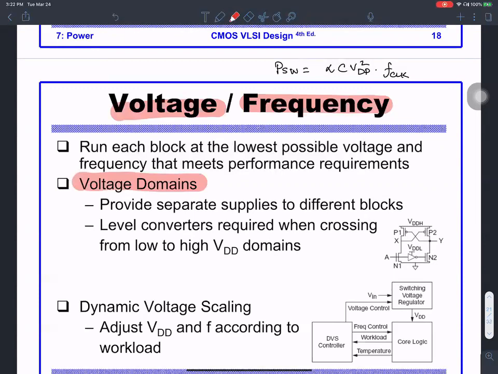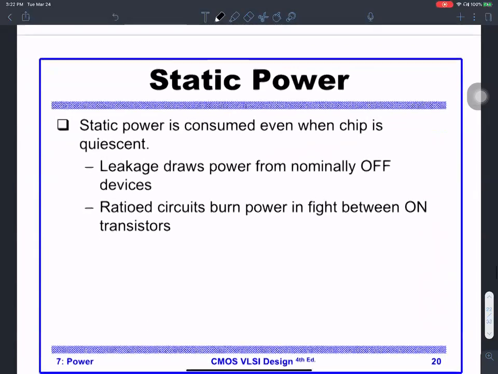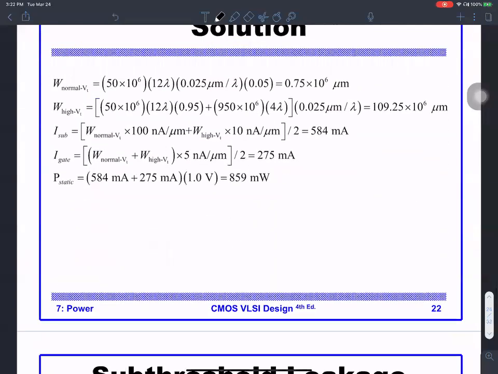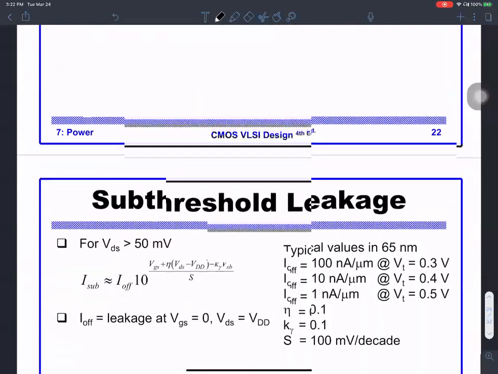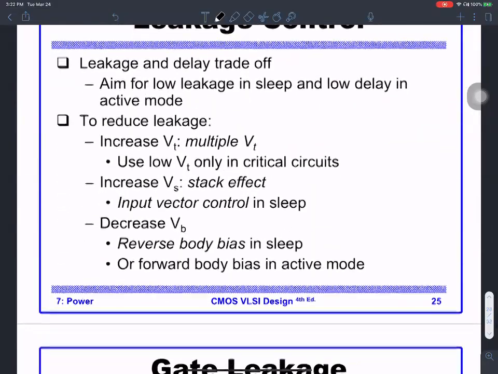So using different voltage domains is one technique to reduce the overall power consumption, especially because the power supply VDD has a quadratic effect on the power. We will not talk about the static power example; it is mostly calculating the different leakages coming from the MOSFETs.